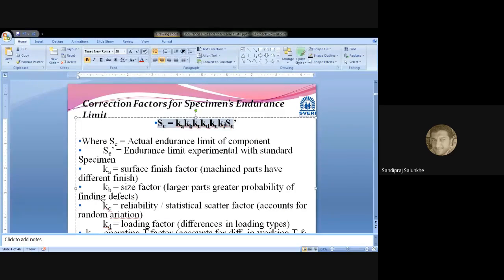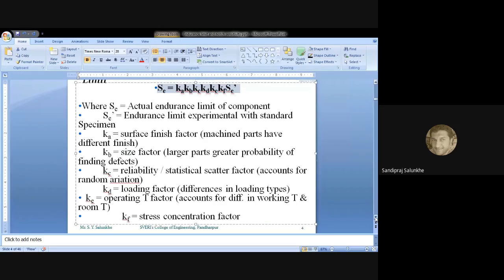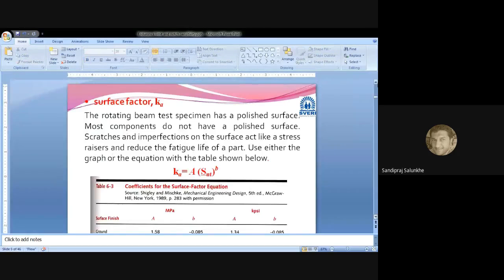To have this formula, we are going to do all these things. Out of that, KA surface finish factor, KB size factor, KC reliability factor, then KD loading or load factor, and KF is the stress concentration.